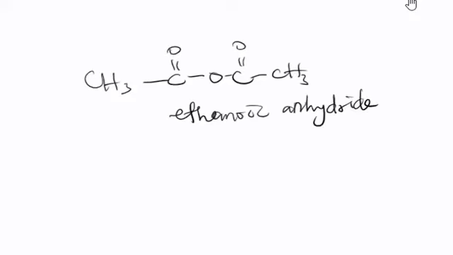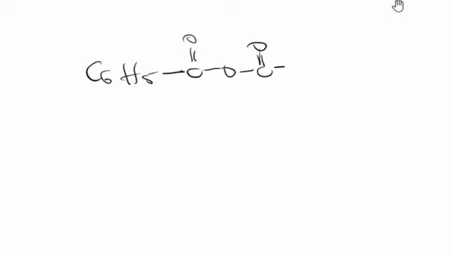So let's look at another example too. Let's say we have C6H5 and then we have COO and then we have COO and then we have C6H5. Now what's this?